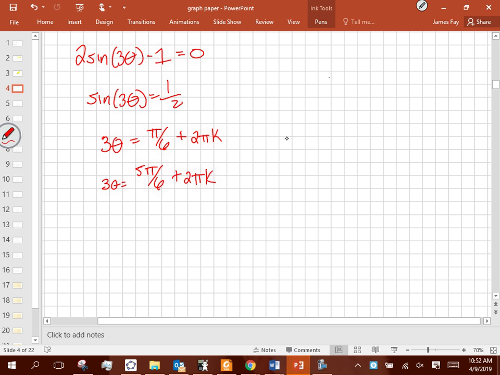I'm going to divide by what? 3. I'm always going to multiply by 1/3, because that gives me pi over 18 plus 2 pi over 3 times k. This theta here gives me 5 pi over 18 plus 2 pi over 3 times k.